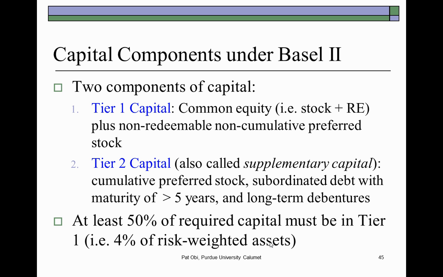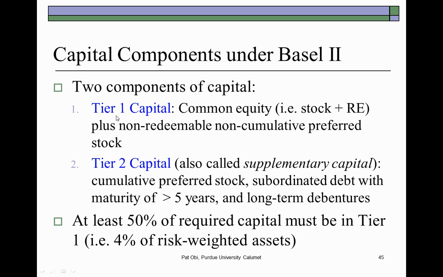But what are the capital components, when we say capital, that are really required under Basel II? Specifically, what they've done is to identify two tiers of capital, Tier 1 and Tier 2.